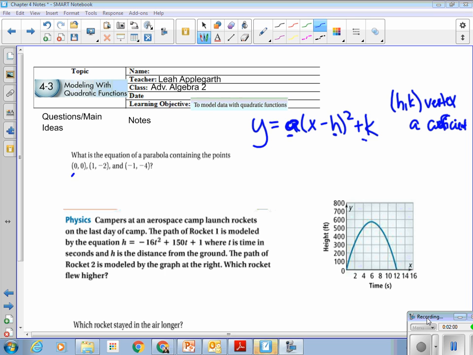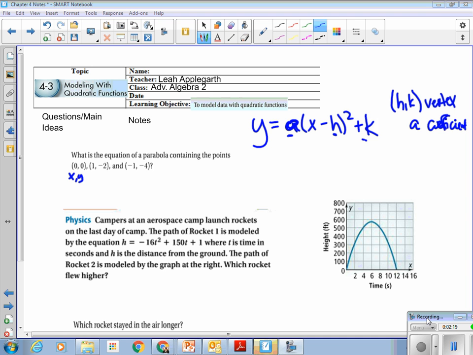So I'm just going to plug in x and y 3 different times into my vertex form equation. Once I get it out, I will solve those 3 equations and find a, h, and k.